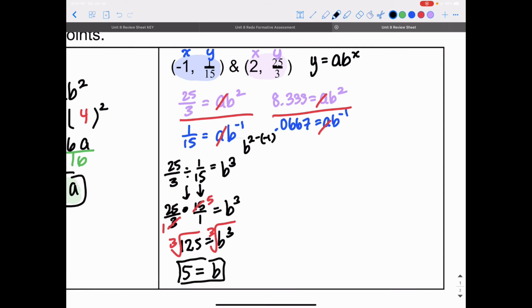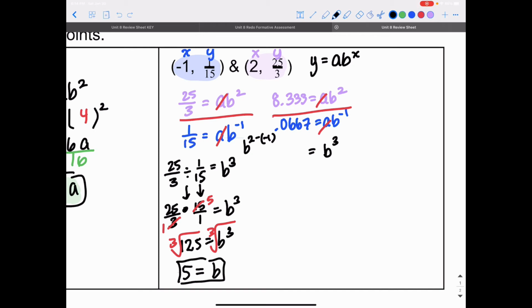If I do it the other way, I'm not going to get the exact right answer. So b squared divided by b to the negative first power is b cubed. You should be doing it with the fractions, actually. But let's see. 8.3333 repeating, divided by 0.066... Yeah, it has 124.99 and so on.